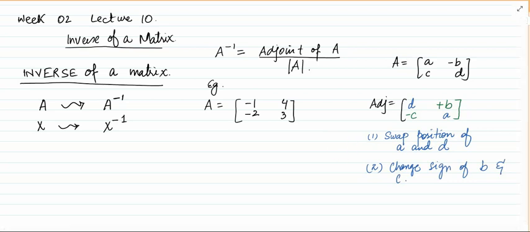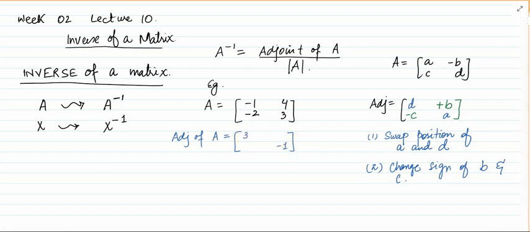Now if we apply the same adjoint principle in our example, then the adjoint of A will be, first we need to swap the position of A and D, right? This one is A and this one is D as compared to the general matrix. So if you swap the position, it will be 3 and negative 1.